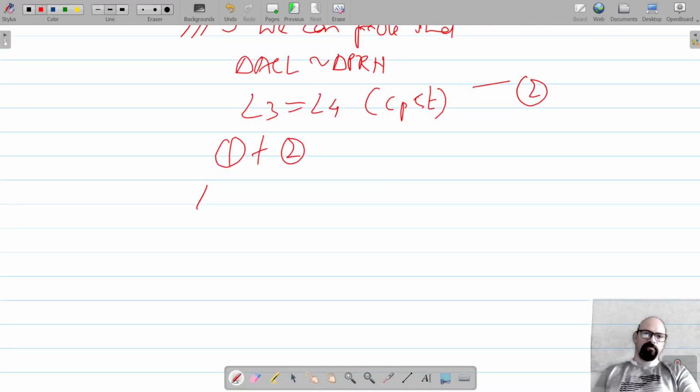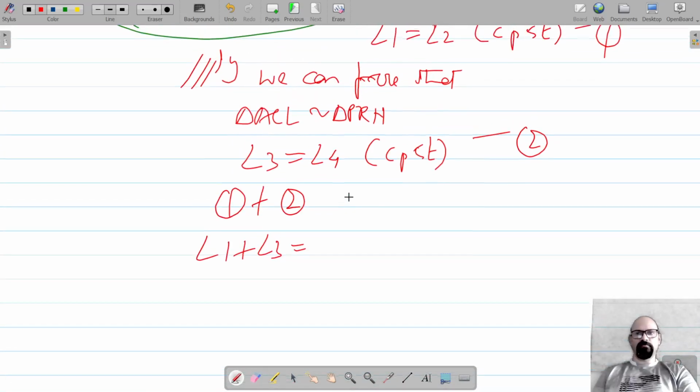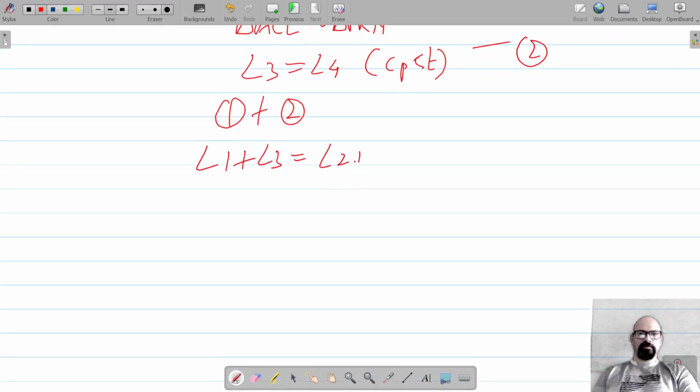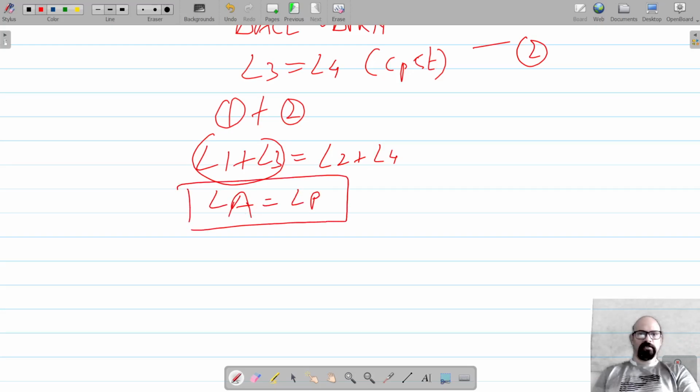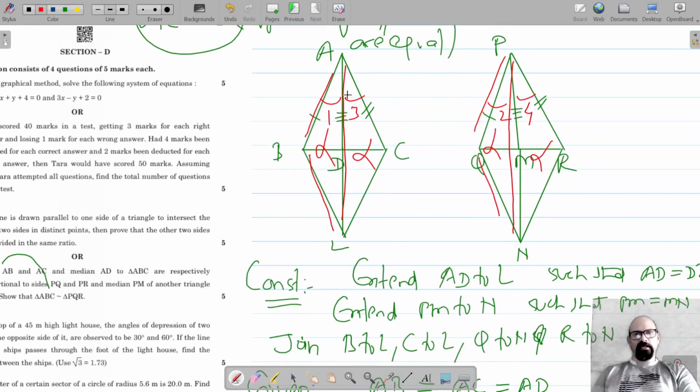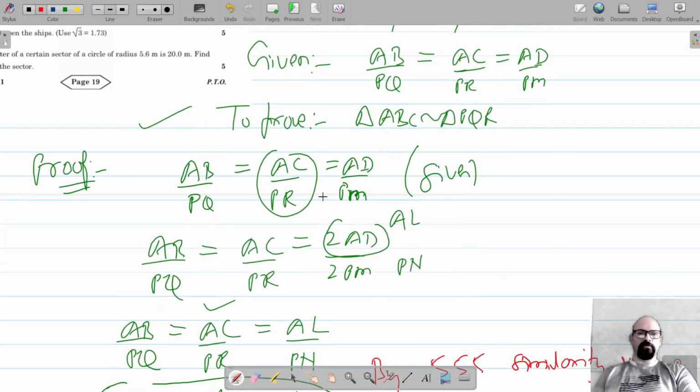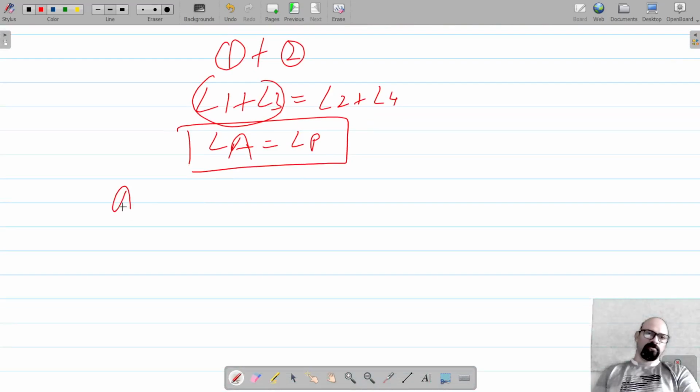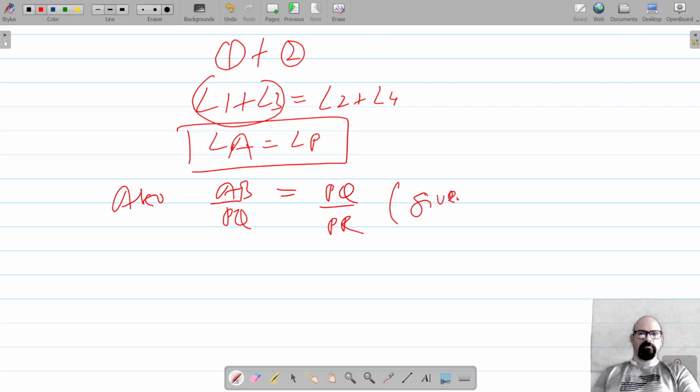Adding, angle 1 plus angle 3 is equal to angle 2 plus angle 4. And angle 1 plus 3 is angle A, and angle 2 plus 4 is angle P. So angle A is equal to angle P, and AB upon PQ is equal to AC upon PR, which is given to us.